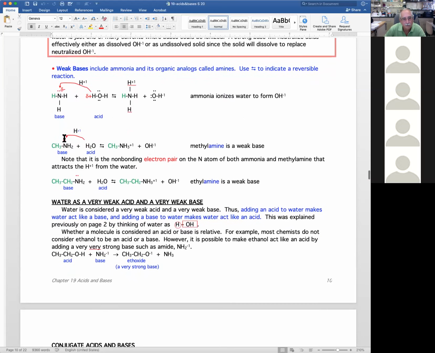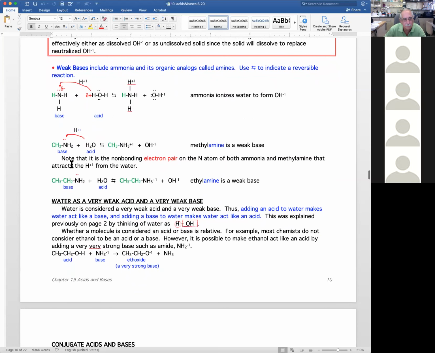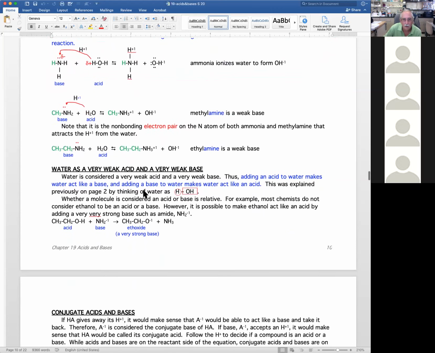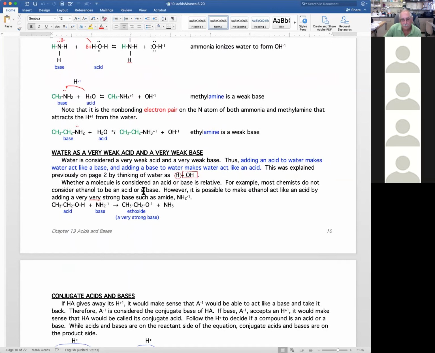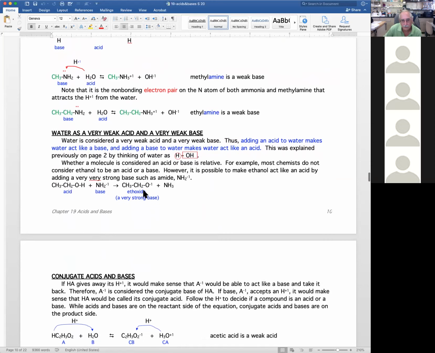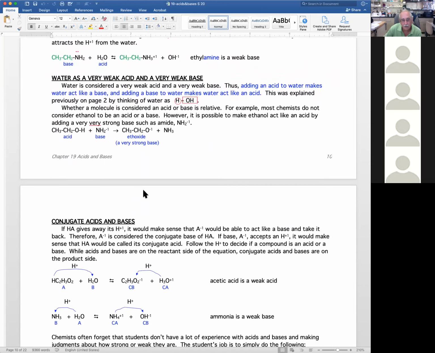And then the amines act in a similar way because, look, they still have that NH2, which is what causes water to be hydrolyzed. And we have to think of water as both a weak acid and a weak base at the same time. That's why I came up with this little thing over here.